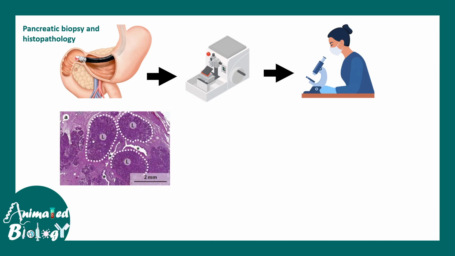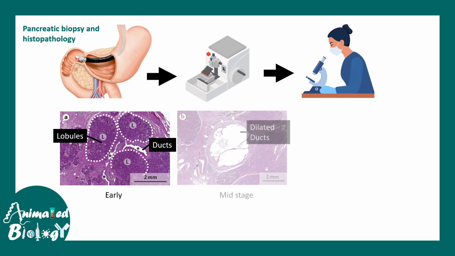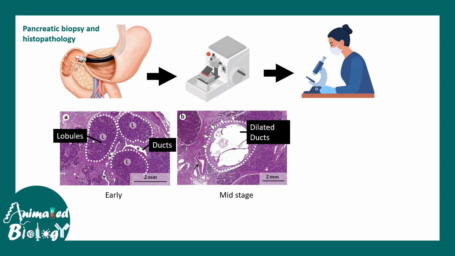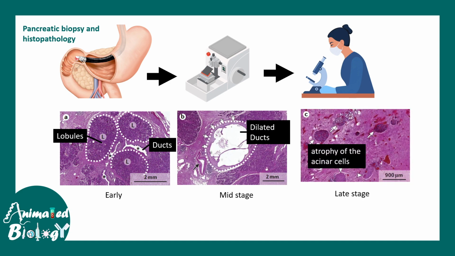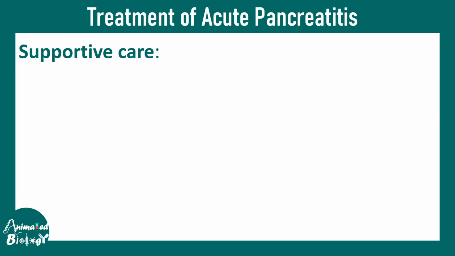In normal situations, these are the lobules, and you can see the duct where the asterisks are placed. As the disease progresses, the ducts would be dilated, and eventually there could be complete atrophy of the acinar cells, so there would be no lobules. These are some histopathological findings, but these are the rare criteria of diagnosis.